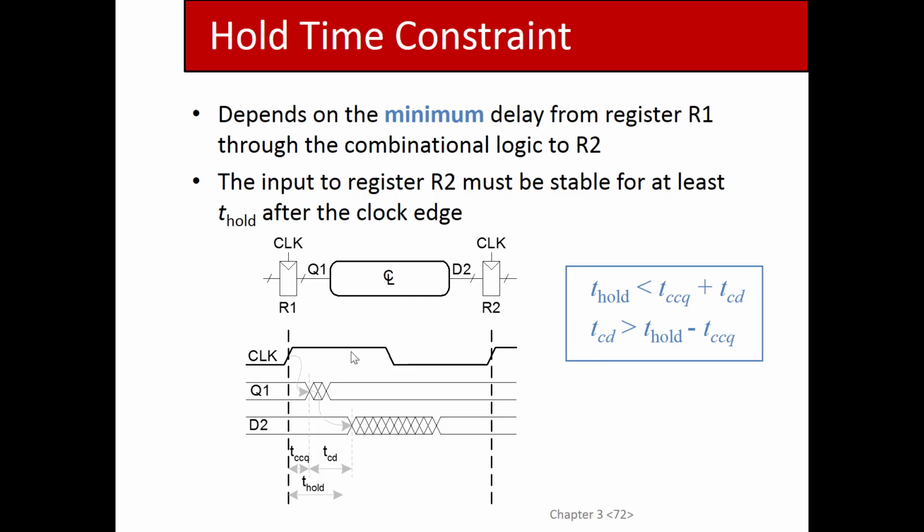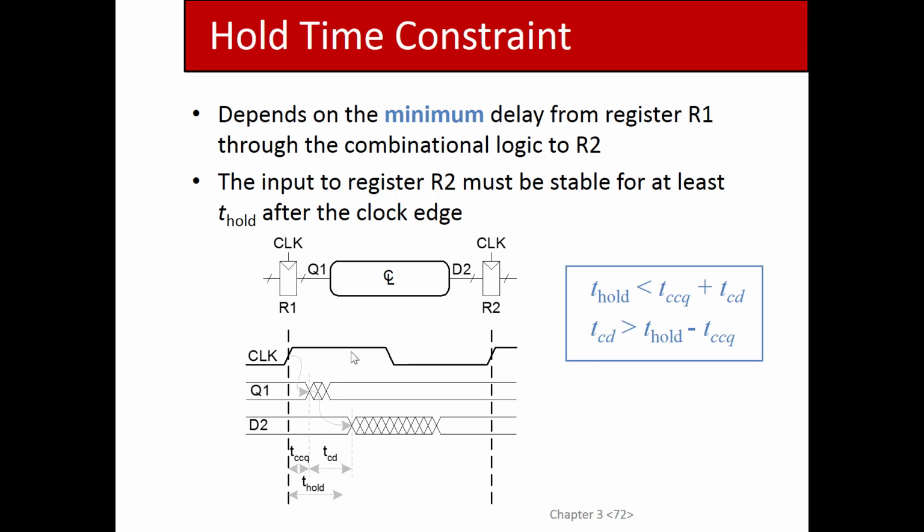But once that rising edge comes, 2 things are going to happen. The first is this guy is going to activate, changing the inputs to the combinational logic. So the minimal time before you see activity at the input to this register is the contamination delay of this register plus the contamination delay of the logic, right? Contamination delay means the minimal amount of time before something changes.